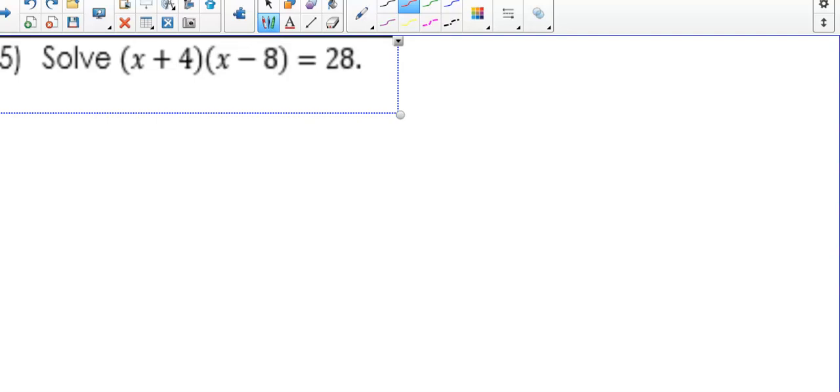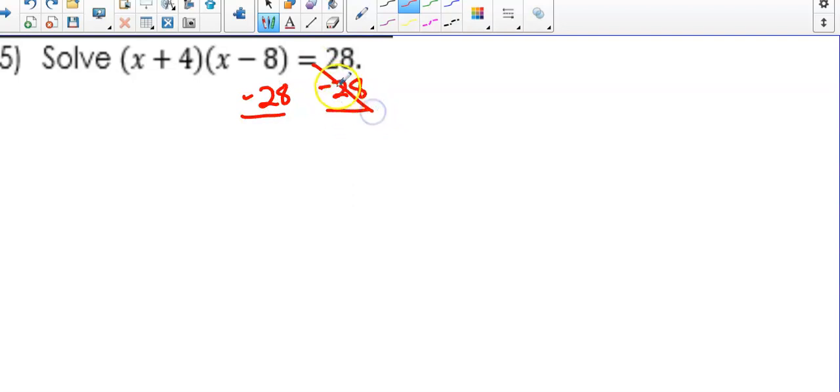And number 5. Okay, we're not in standard form because we need to deal with this 28. So I'm going to subtract 28 from both sides. Now, I'm not quite done yet. I need to multiply these out. So I'll bring this negative 28 back in a minute. So I'm going to FOIL, or you can use the box method if you prefer that.